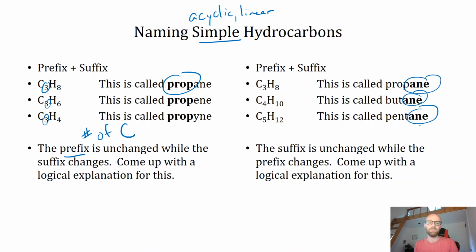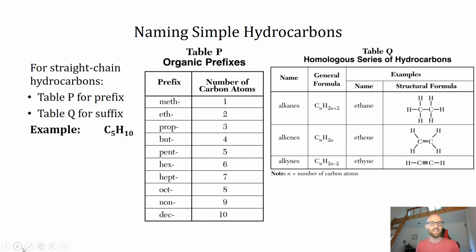This one might be a little harder to see, but if you tried to figure out which pattern they belong to, this is the CnH2n+2 pattern. So all 3 of these have the same homologous series, and the 3 examples on the left have the same number of carbons. That's how the naming scheme works with the prefixes and suffixes.